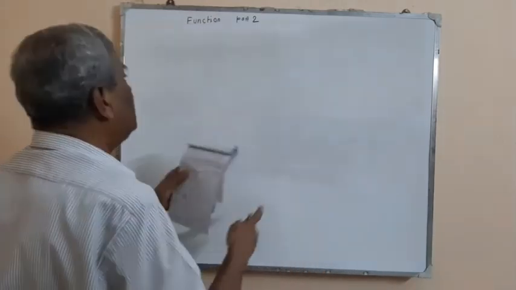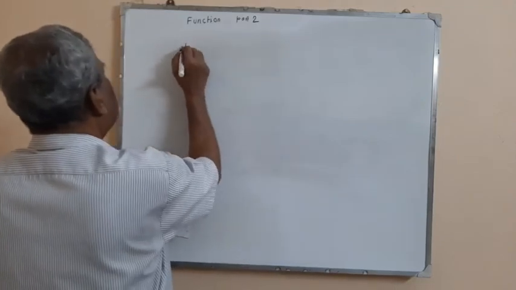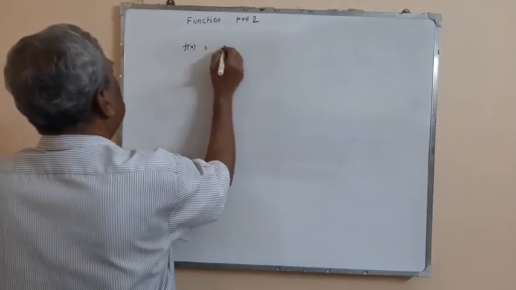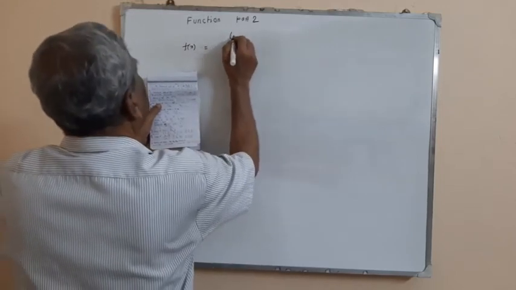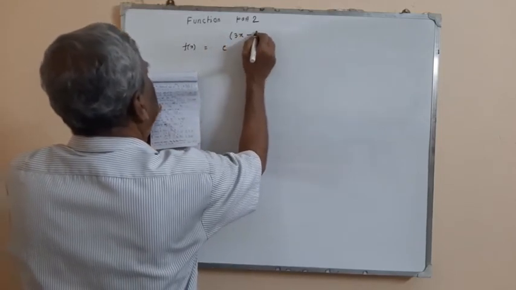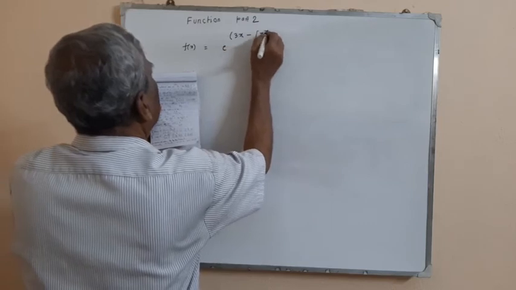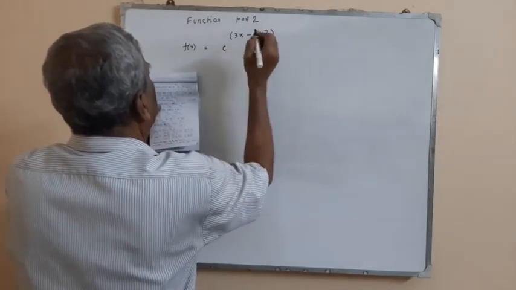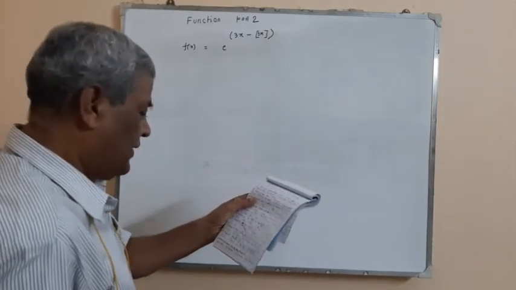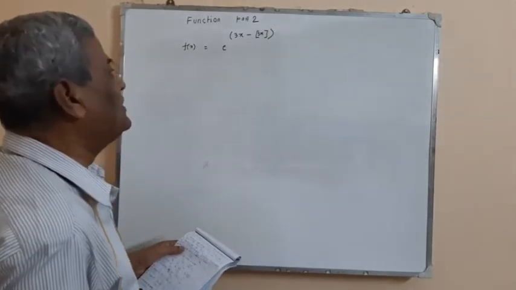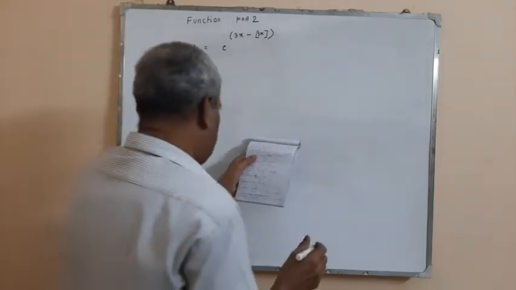The period of the function f(x) is equal to e to the power of (3x minus the integral part of 3x). The period of that function is how much?